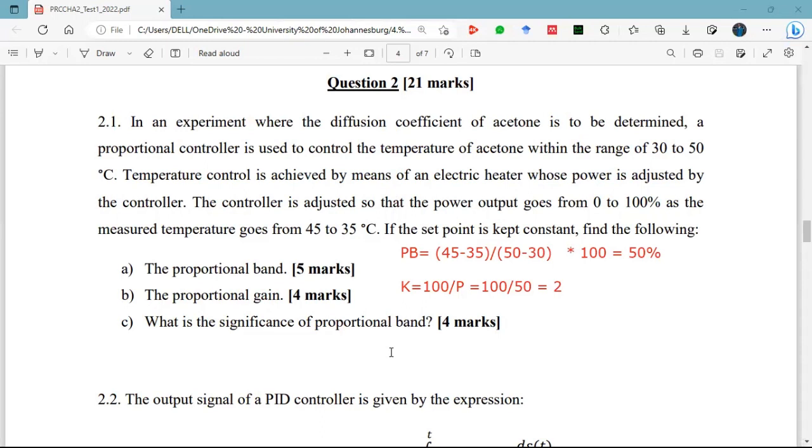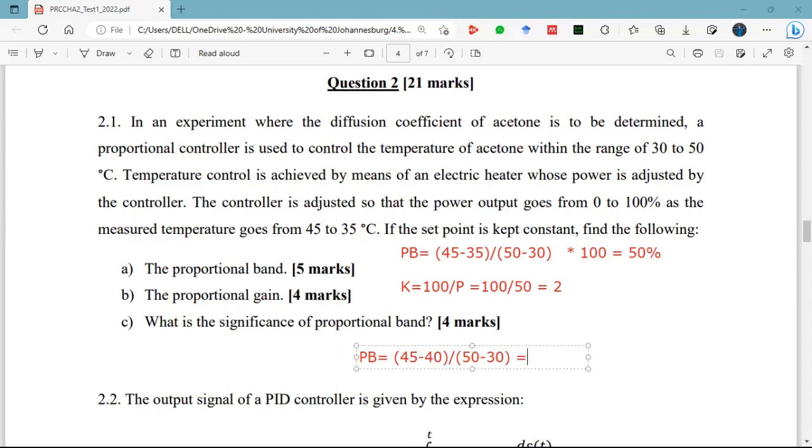Because for the same calculation of PB, let's look at a context where the temperature change that you have is no longer 45 to 35, but let's say it's 45 to 40, divided by the same range that your sensor can handle, 30.